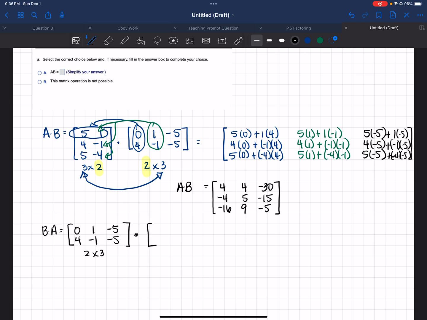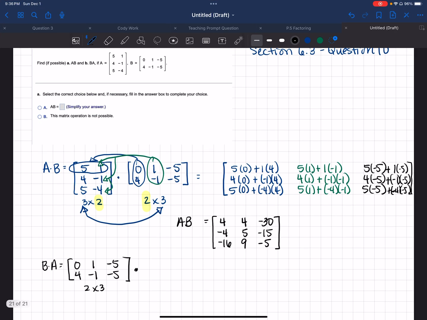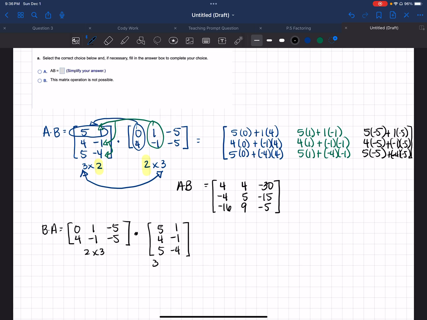And we're wanting to multiply that times 5, 1, 4, negative 1, 5, negative 4, which is a 3 by 2. Since these two are equal, it is going to give us a 2 by 2.